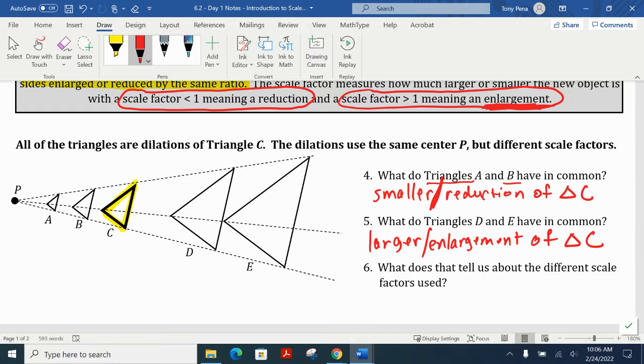Six, then, what does it tell us about the different scale factors used? So what you're going to put here for triangle A and triangle B, we don't know the scale factor. I don't give you numbers to work with like we did in the problems at the top of the page. But what we just said up here, if I have a reduction, then I know that my scale factor must be less than 1. So for triangle A and B, the ratio that we're multiplying by for sure had to be less than 1.